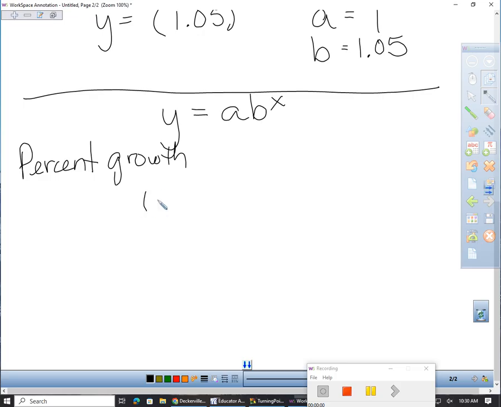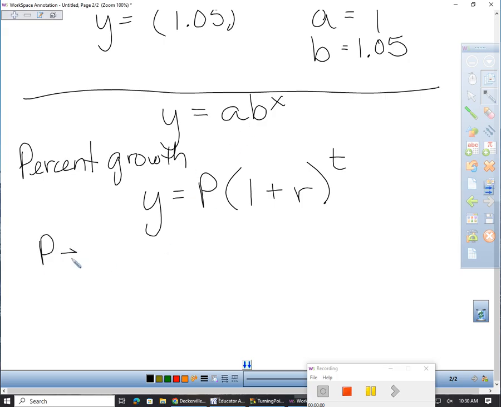It is going to be y equals our starting amount, which I'm going to use p for, times 1 plus r to the t. Okay. So p is in the same place as a.